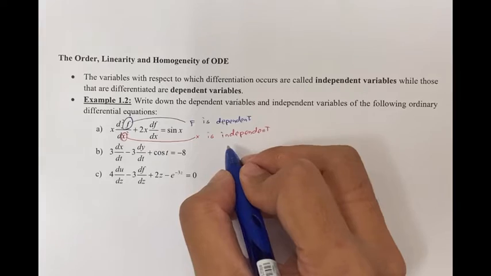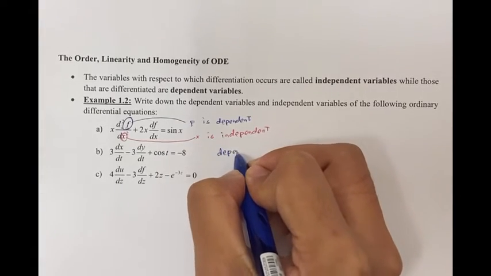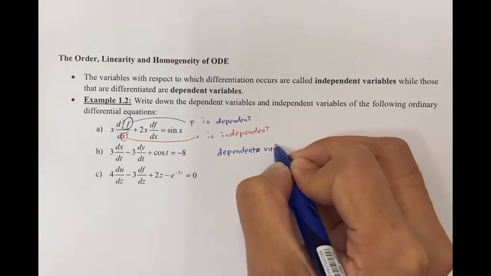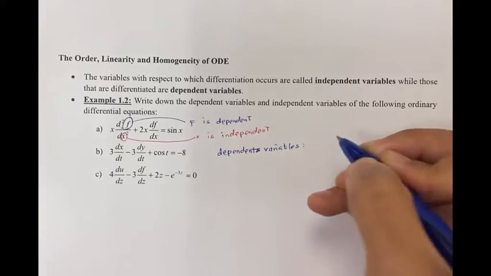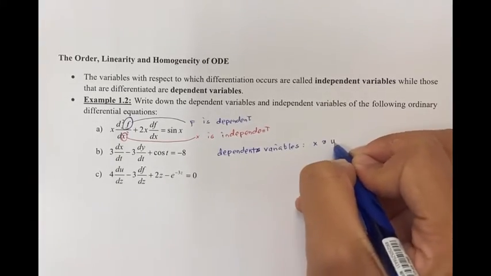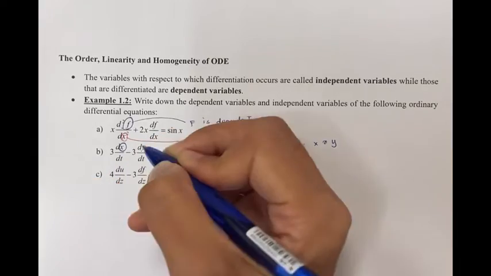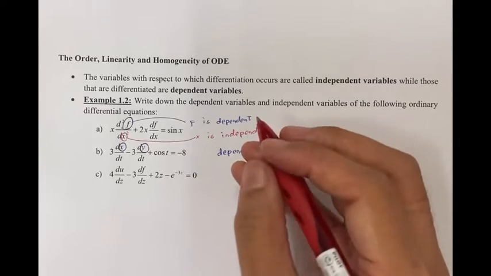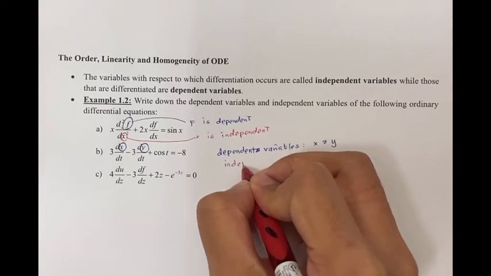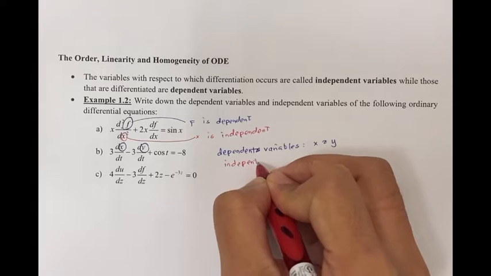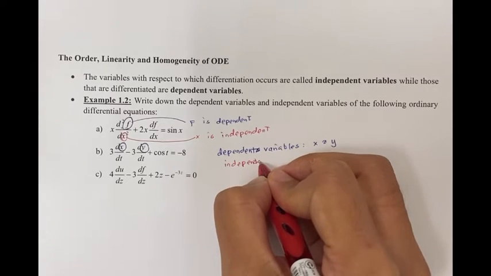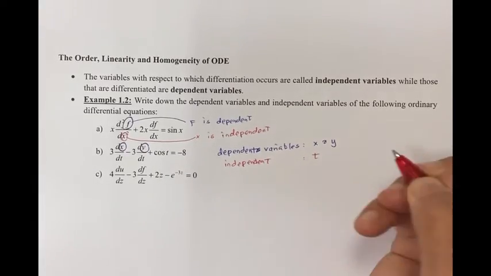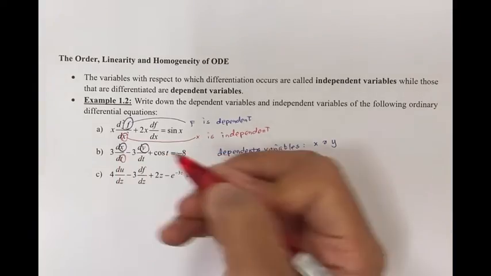So for dependent variables, you have x and y. Okay, because numerator you have x, another numerator is y, and you have one single independent variable, which is t. Okay, this is the independent.